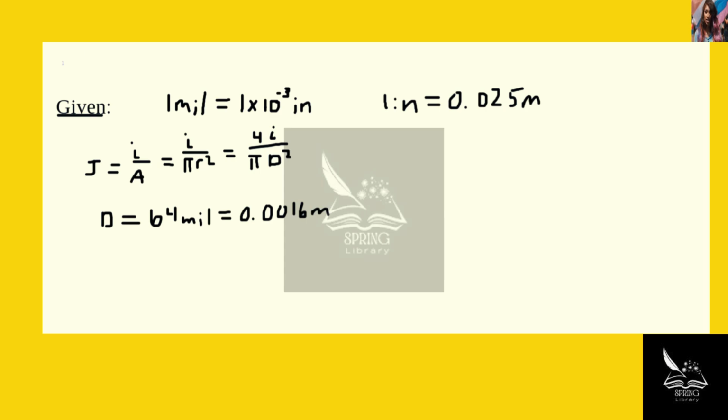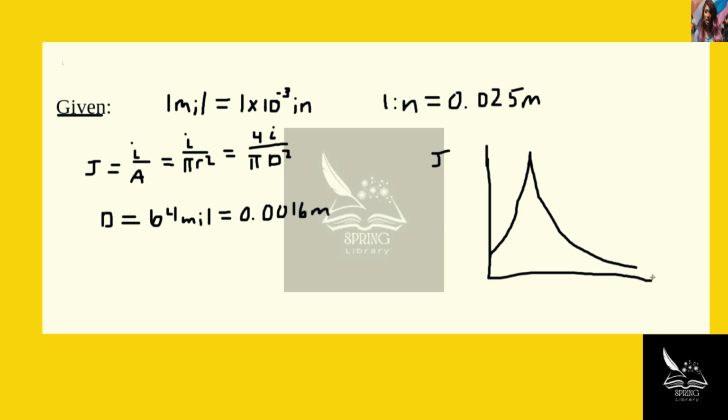Okay. And then we can plot the values of J in SI units versus their diameter in mils. We'll plot that over here. And it looks something like this. It comes up, it peaks, and it starts to drop.